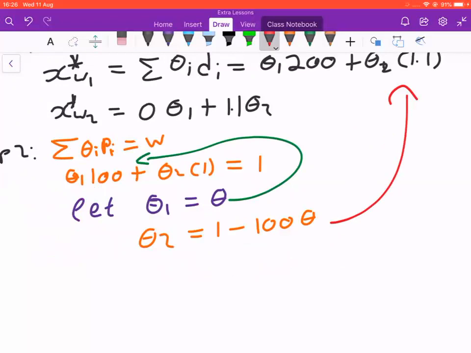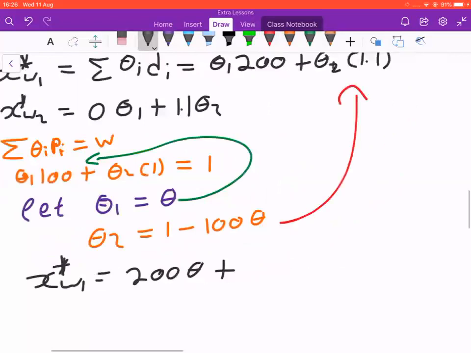So we implement that for state 1. The state payoff is going to be 100 theta plus 1,1 times 1 minus 100 theta.